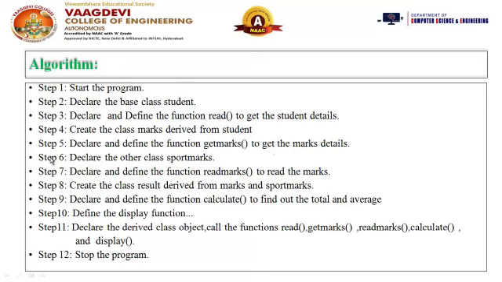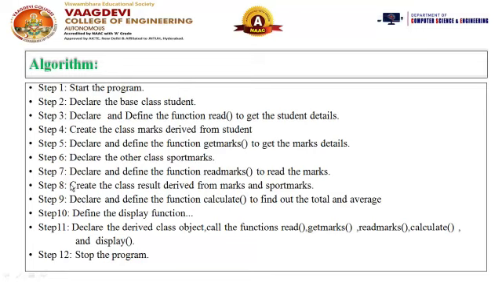In step 6, we create another class, sports marks. In step 7, we define the read marks member function to read the marks. In the next step, we create the derived class result from the marks and sports marks classes. In step 9, we define the calculate member function to find the total and average.